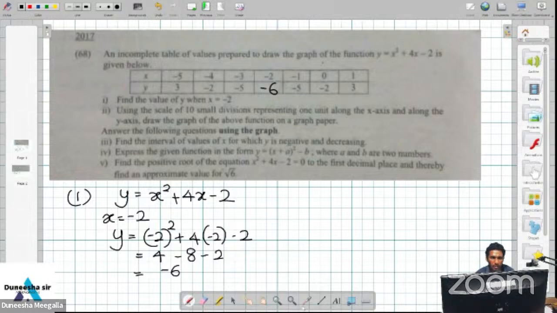Find the interval of values of x for which y is negative and is decreasing. Okay. Y is negative. I am showing what the regions of a graph are. After I finish telling the regions, I will give you time to mark them.